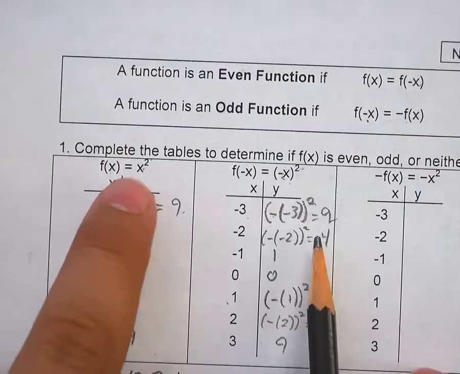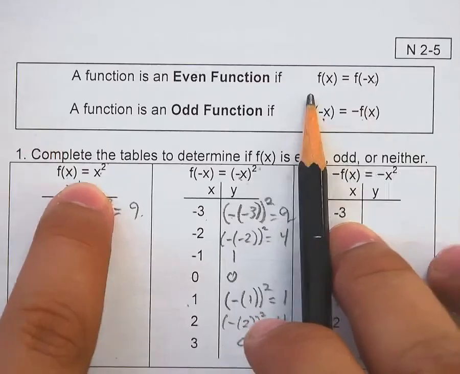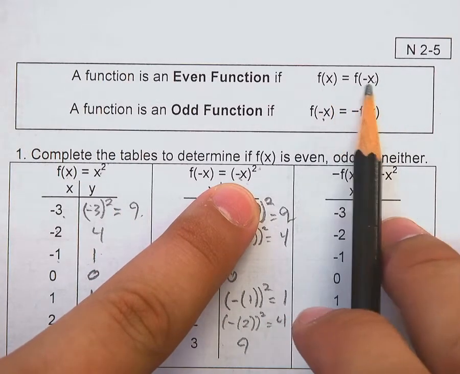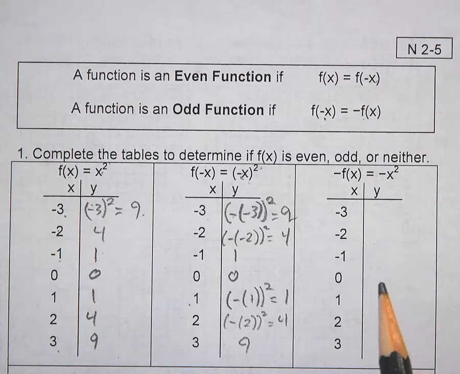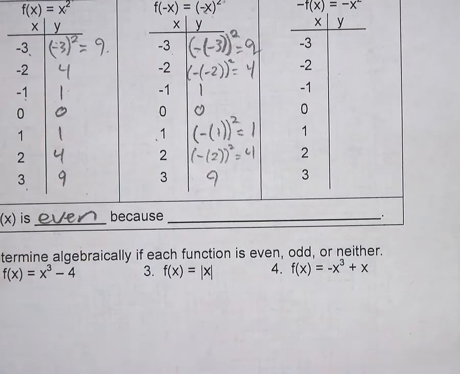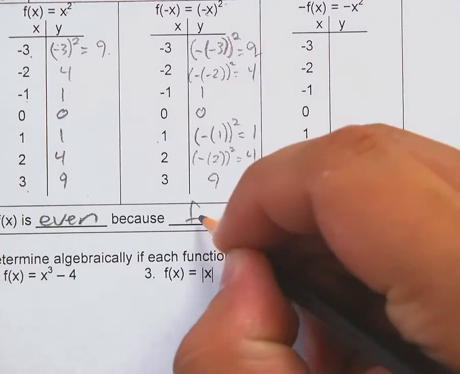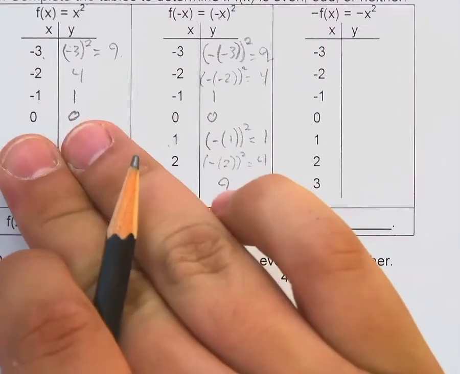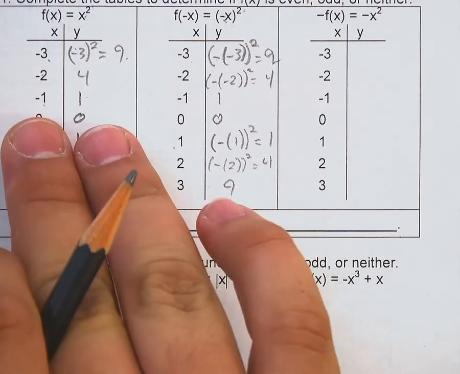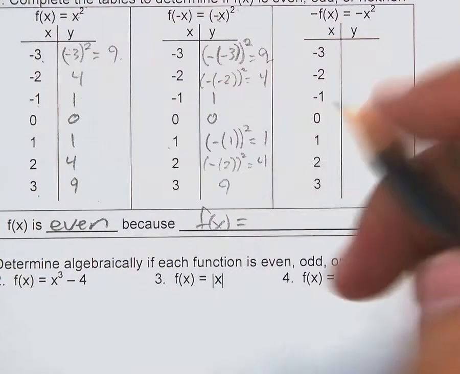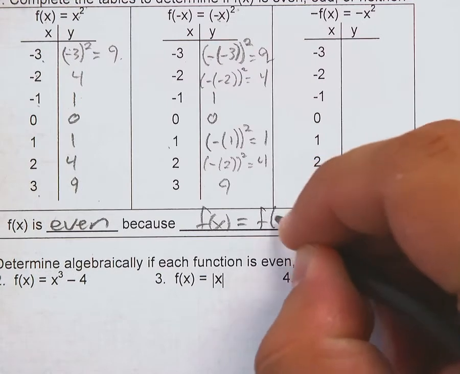What this is saying is if you take f of x and you take f of -x and they give you the same numbers, it's even. So right off the bat, I can tell you that f of x is even because these guys on the left are equal to these guys on the right, f of -x.